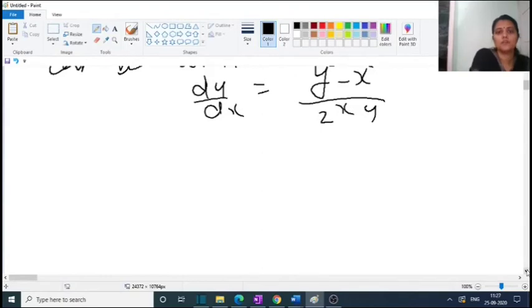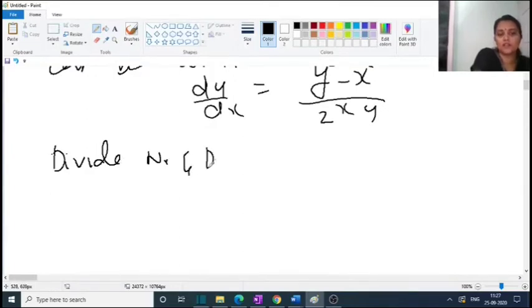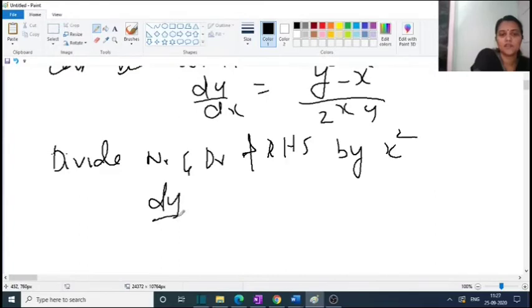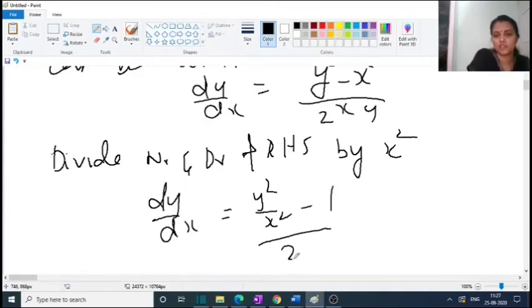So we can divide numerator and denominator of the RHS by x square. Then dy by dx is equal to y square by x square minus x square by x square, which is 1, divided by 2xy by x square.